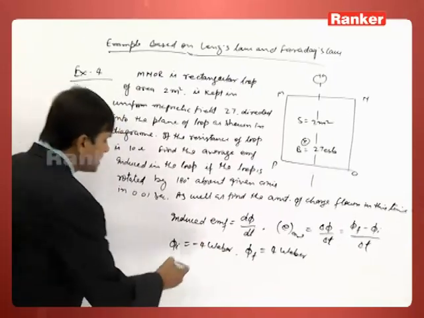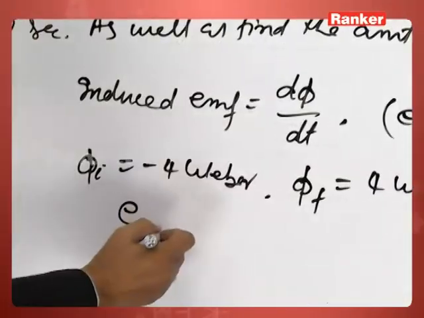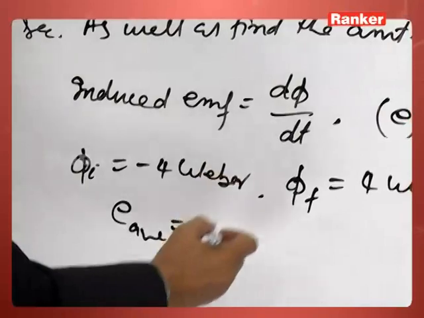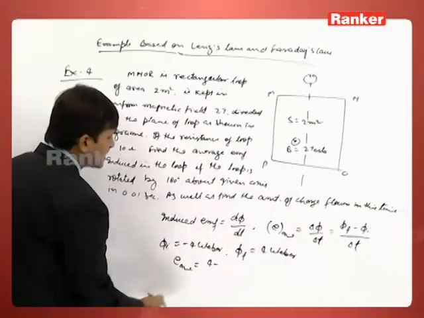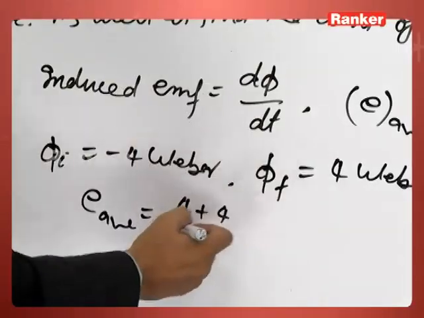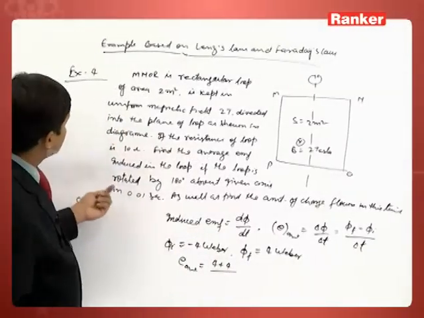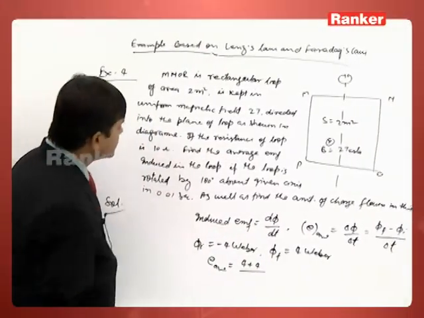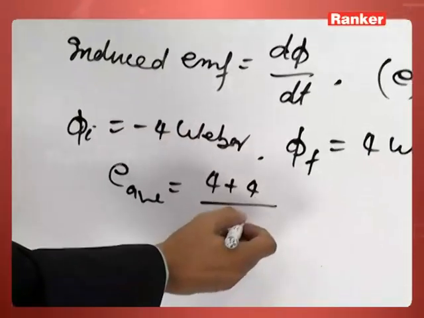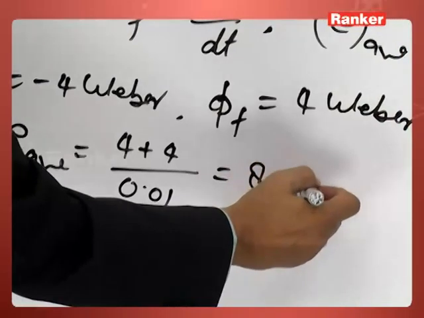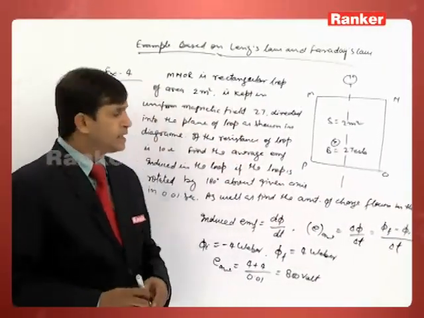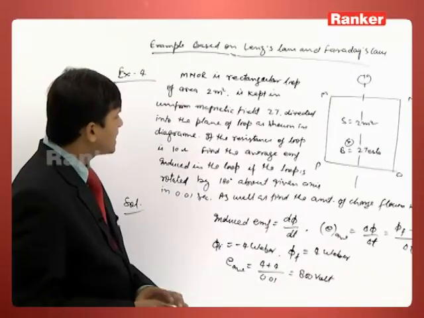Now E average is final 4 minus initial minus 4, that is plus 4 plus 4, 8, and this happened in 0.01 second. So we get 800 volt. This is the induced EMF in this time.